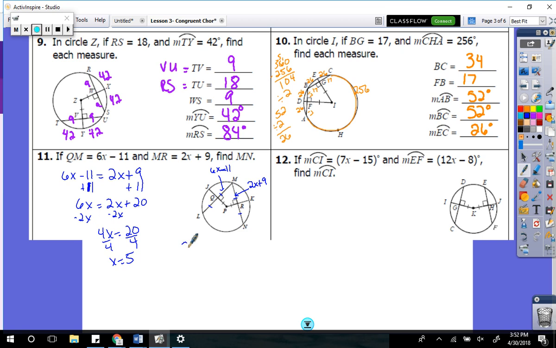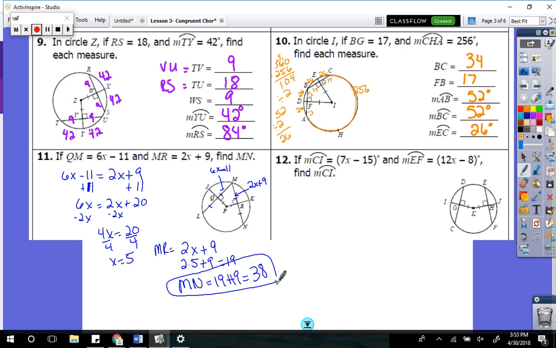So I'm going to plug back in. MR is equal to 2x plus 9. So 2 times 5 plus 9, so it's 19. MN is equal to 19 plus 19, which is 38. Okay.